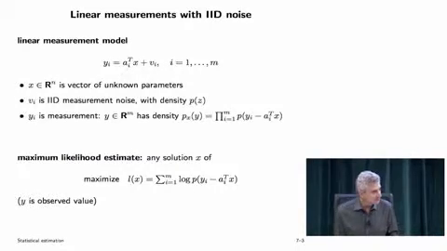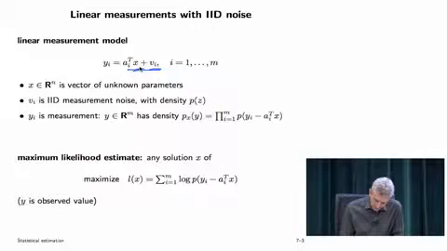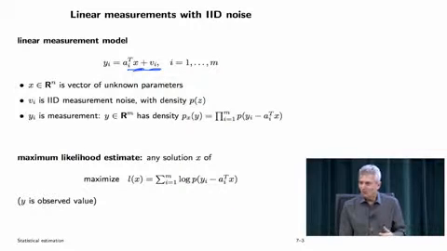Let's do a linear measurement model. So here, x is a vector of unknown parameters, and we have linear measurements. So we have yi, it's a scalar, it's a linear function of x plus a noise, right? And by the way, this is a good point to stop and talk about the philosophical way you would regard the setup, although it doesn't make any difference at all.